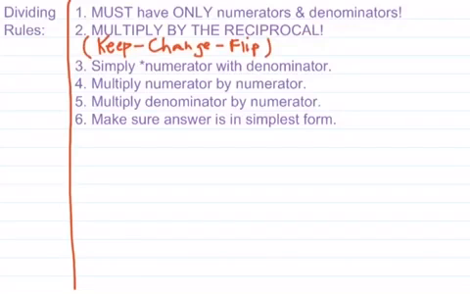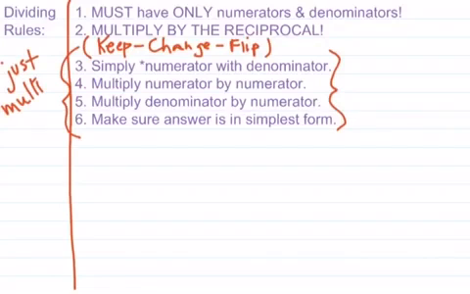To multiply by the reciprocal, you keep the first fraction the same, you change the sign from dividing to multiply, and then you flip the second fraction. Then right here, I want you to notice, these rules right here are the same as multiplying. So in other words, next step could have been just multiply, because we changed it from dividing to multiplication.